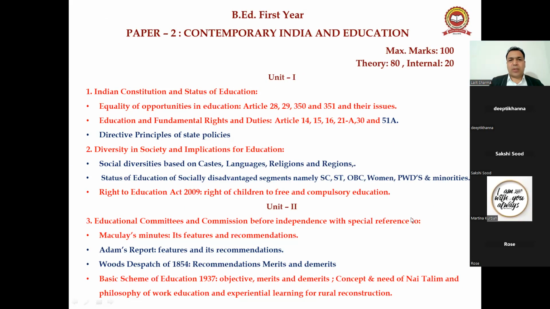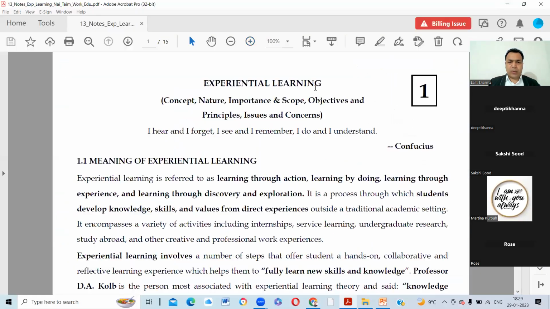You can tick mark it, guys, if you have the notes. In the syllabus, Unit 2, see the last bullet: basic education of 1937, merits and demerits, concept and need of Nai Talim, philosophy of work education and experiential learning. So this is the syllabus, and this is the notes. It is a 15-page note.